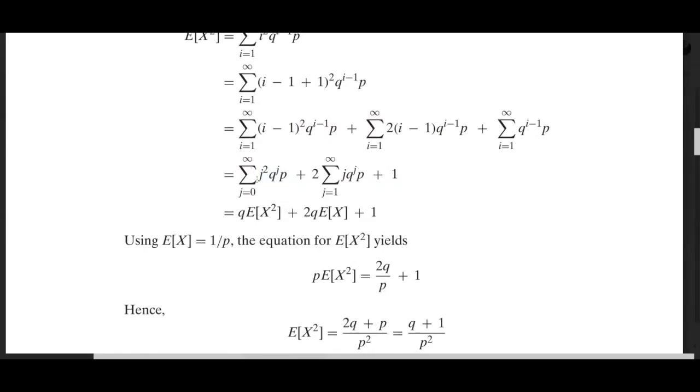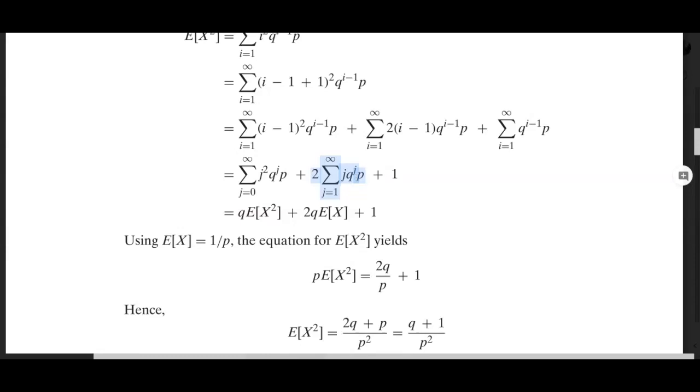Right? So what is this? This is j squared q^j p. So we need a q^(j-1), so we factor out one q. Then j squared q to the power j minus 1 times p, that would be the expected value of the random variable squared, multiplied by q.